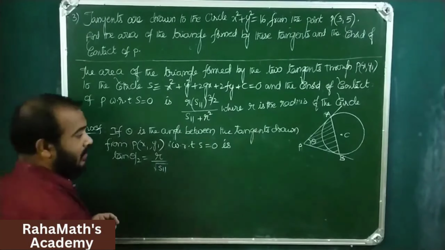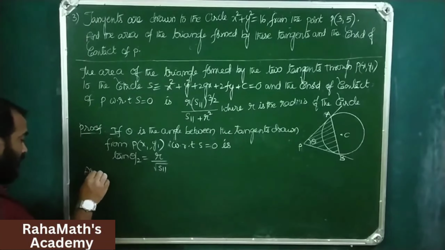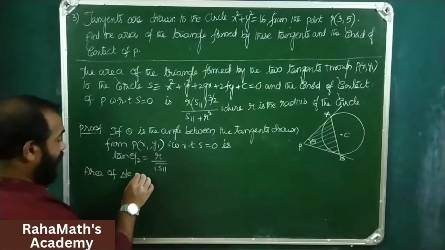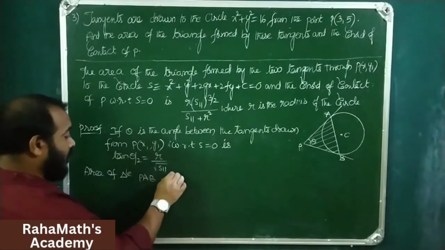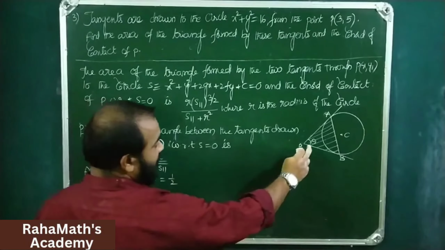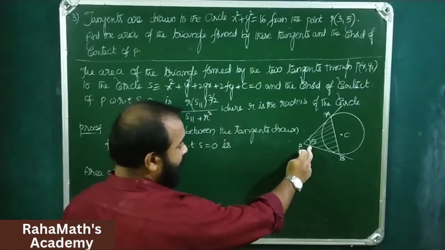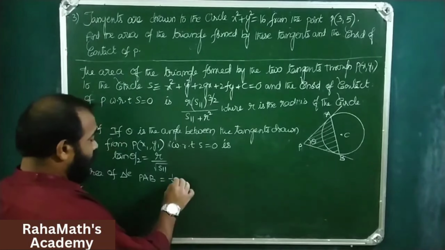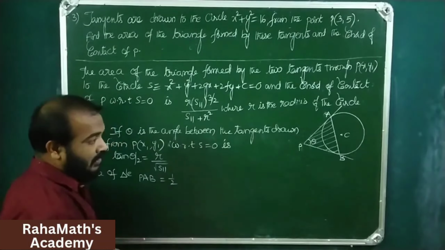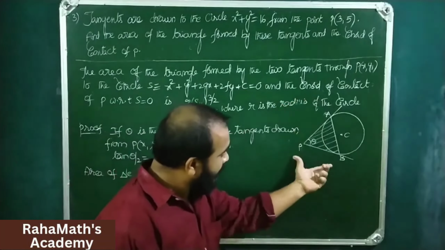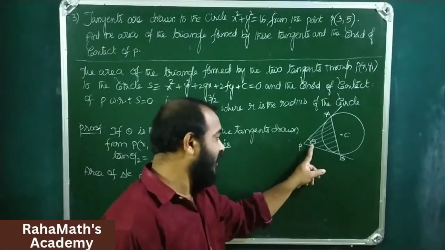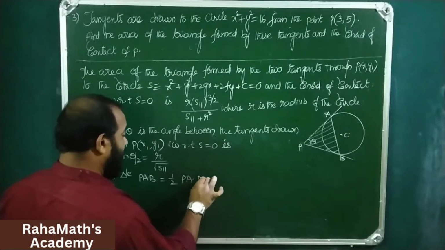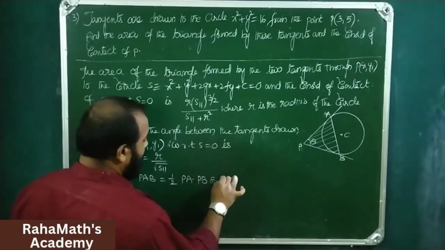So here the area of triangle PAB is equal to half into, what is theta? Theta is the included angle between the tangents PA and PB. So half AB sine theta, half into the sides and the sine of the included angle. Likewise, half into PA into PB into sine theta.